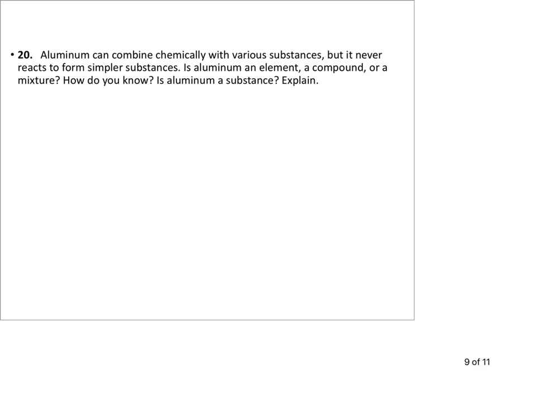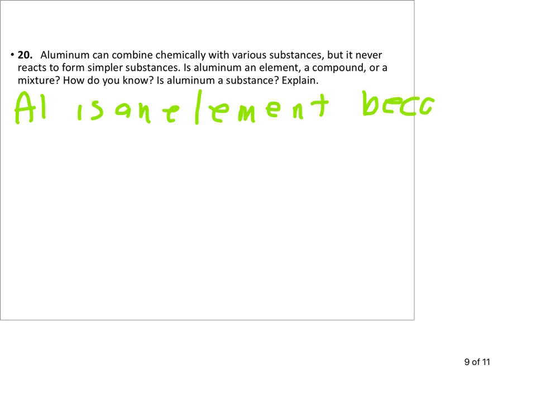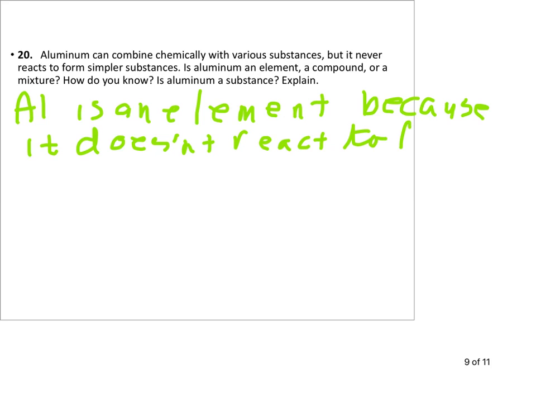We should know aluminum is an element because we've memorized it off the periodic table, but from what we have here, it's an element because it doesn't react to form simpler substances.